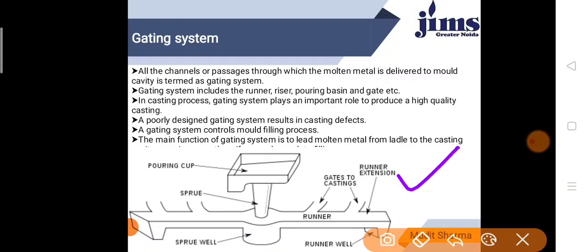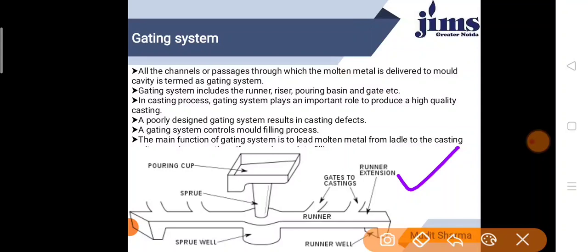First, the metal should flow smoothly into the mold without any turbulence, because if turbulence occurs during the flow, gases escape in the molten metal, that is why porosity occurs, which causes casting defects. Second, the mold should be completely filled in the smallest time possible without having to raise the metal temperature nor use a higher metal head.